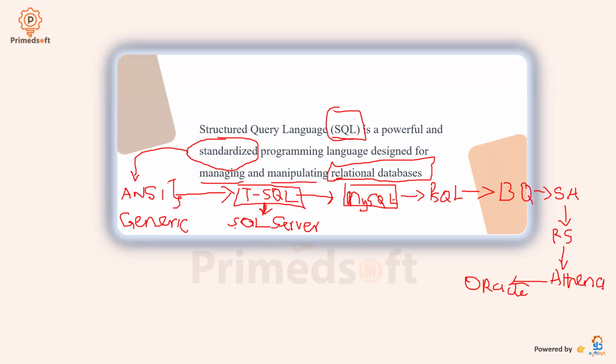Different companies use different technology. Some use SQL Server, some use MySQL, Postgres, BigQuery. Some actually use a combination of them, because these three are not databases, they are data warehouses.